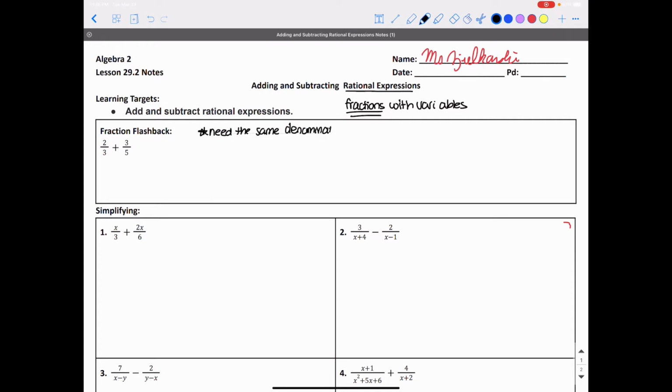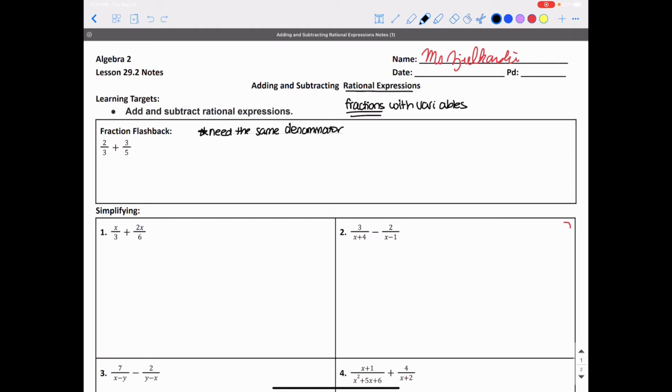I want to change these two denominators to be the same, and I can do that by multiplying by the same thing on the top and bottom, keeping these fractions balanced, but changing their denominators. And I want to know, first and foremost, what do I want to change those denominators to be? What I want to change those denominators to be is the least common multiple, the smallest number between the numbers that I have, 3 and 5.